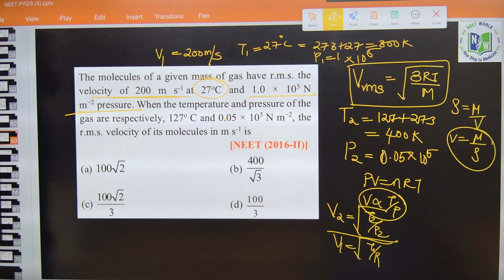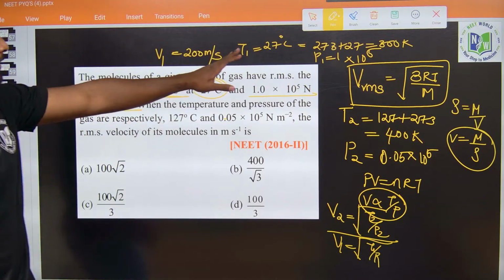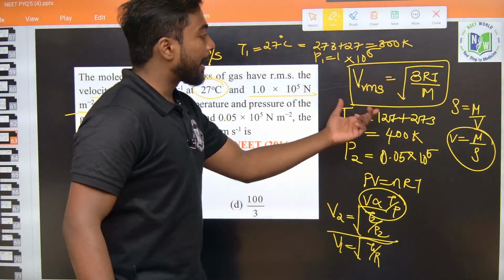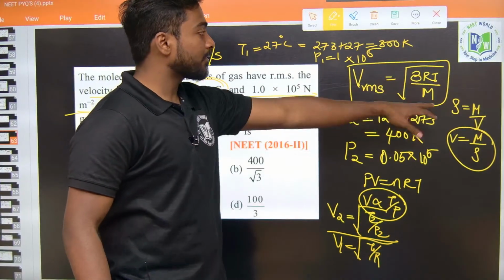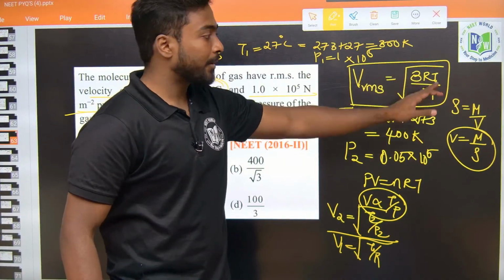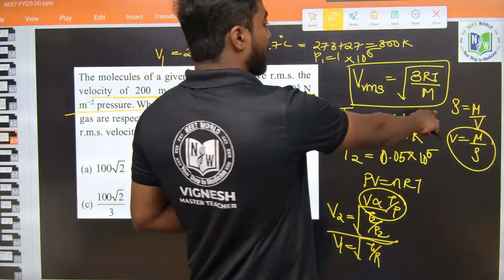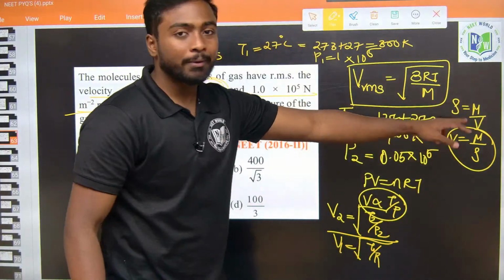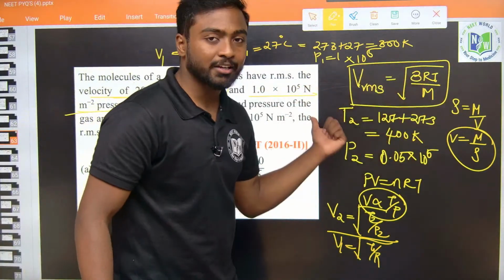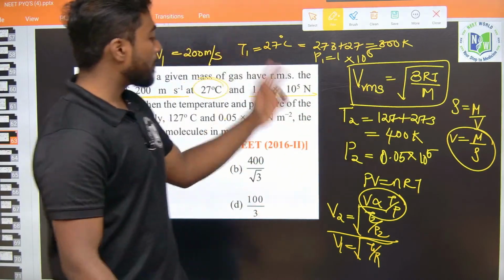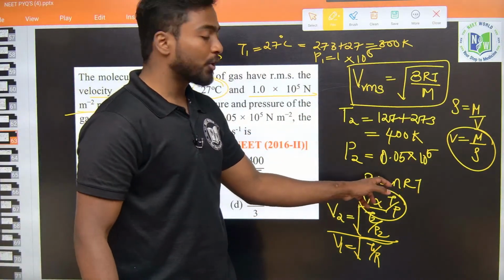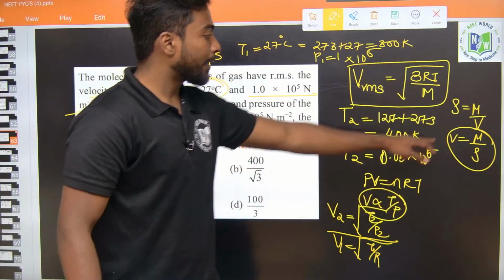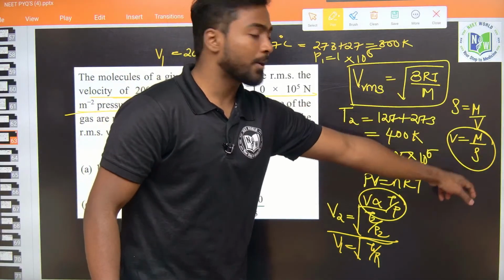It's easy, no? Now, whatever the question they have asked, I have written the given terms there, and the formula of RMS is root of 3RT by M. From this, the density, mass and volume relation I know, and the temperature and pressure relation I know. Yes or no? Like PV is equal to nRT. From this volume, I can substitute the value of V is equal to M by rho.